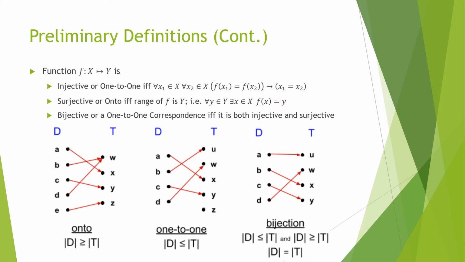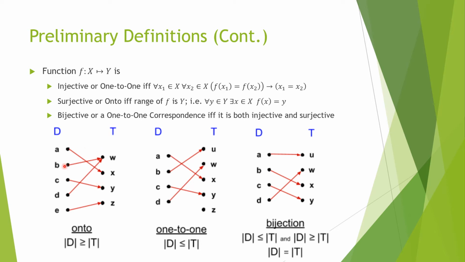So what does one-to-one property mean? It means that if two elements in the domain are mapped into the same element in the target, then those two elements must be equal, which means that there are no two distinct elements in the domain that are mapped to a single element in the target.